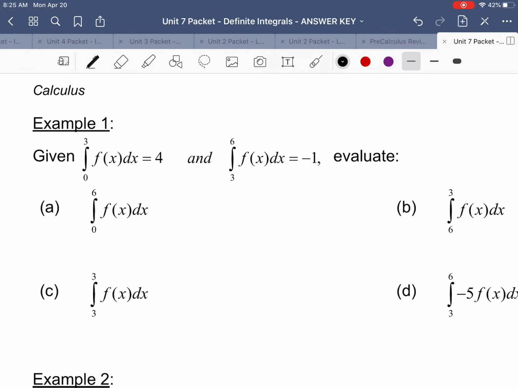Example 1: on the interval of 0 to 6, I'm looking for the area bounded by the function f of x. My addition property tells me that 0 to 6 is really the same as going from 0 to 3 and then going from 3 to 6.